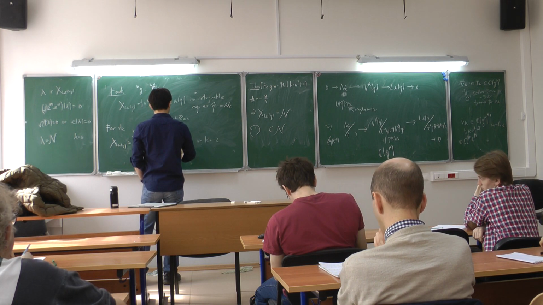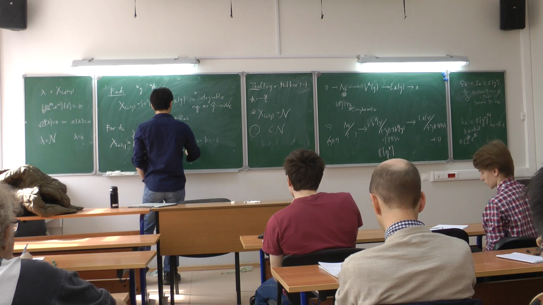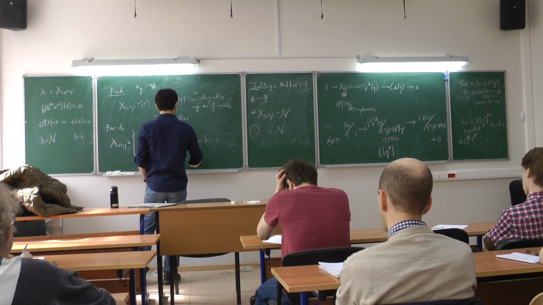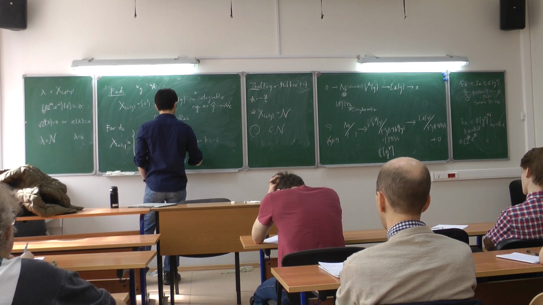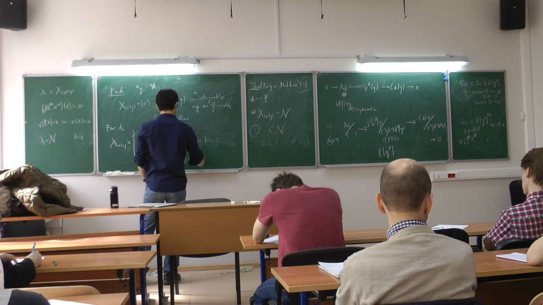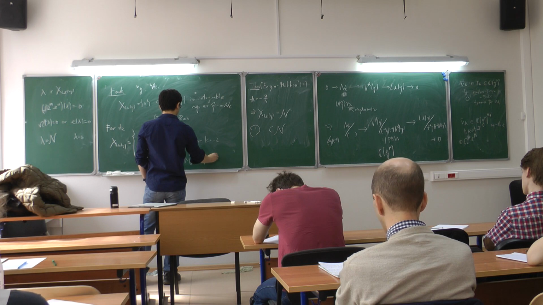Admissible means k plus 2 equals p over q, with p, q greater than 2, and p and q mutually prime.